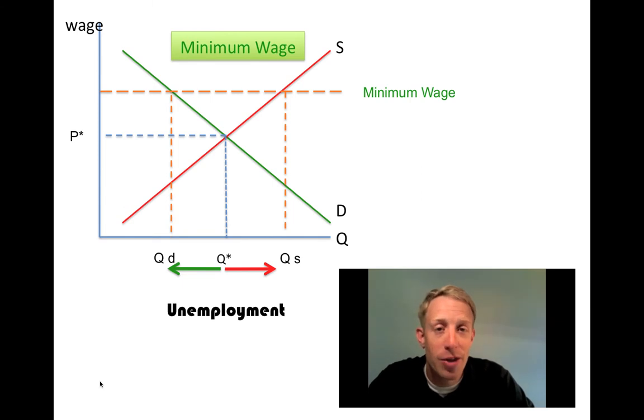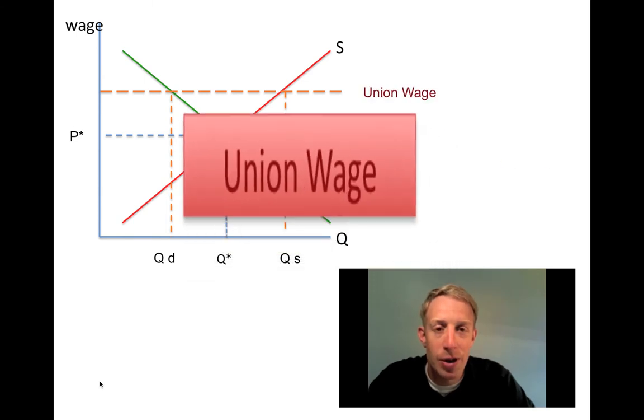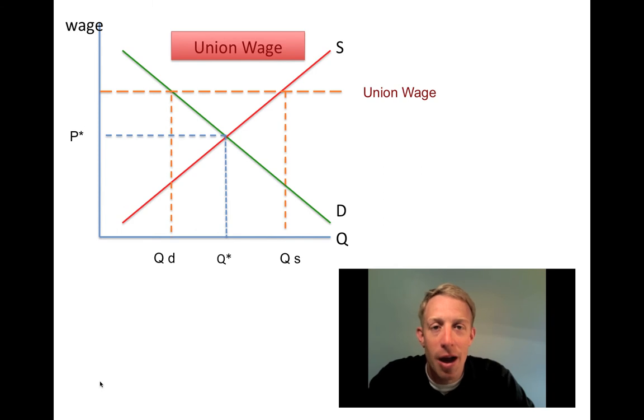A second way that this outcome can be accomplished is when unions enter the labor market. Every study looking at the impact of unions is unanimous in agreeing that unions get higher wages for their employees, higher than the market wage. This is one of the reasons why a person would join a labor union, of course. That higher wage, the wage above equilibrium, once again creates a divide between the firm and the workers who want to work.